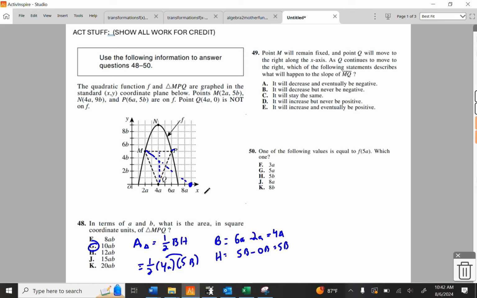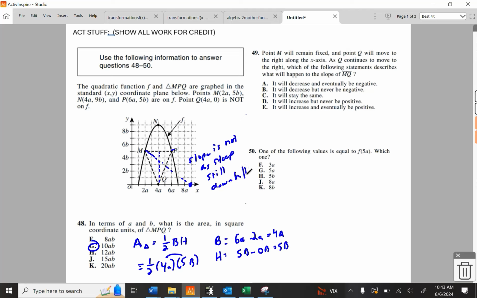Because it's moving right, the slope is not as steep. It's slowly decreasing, but it's still downhill.